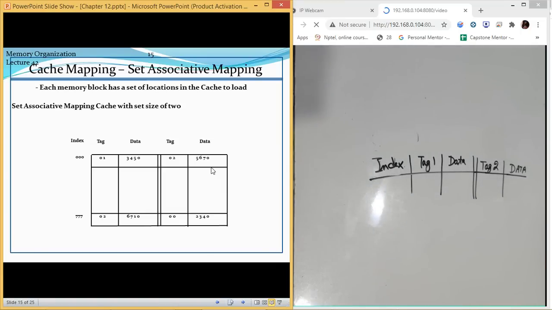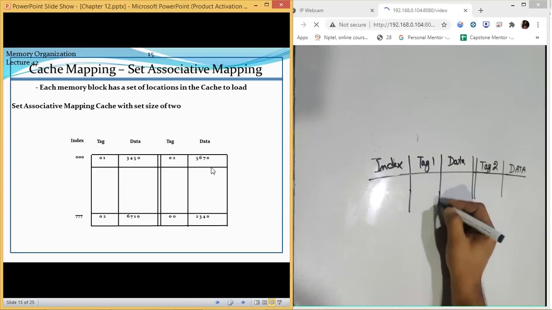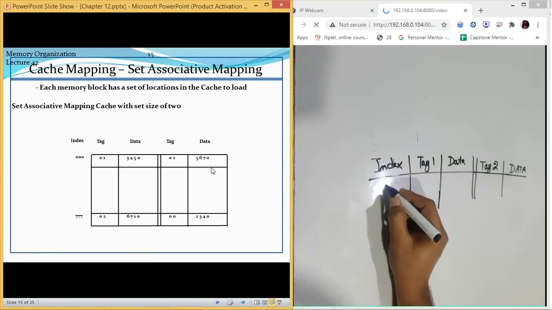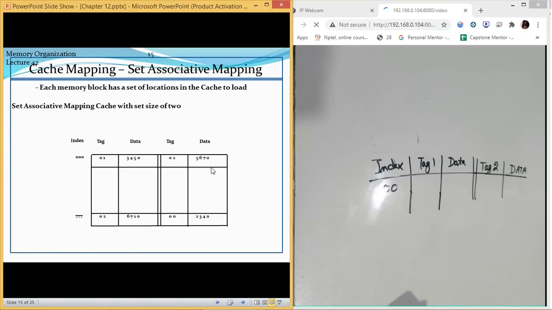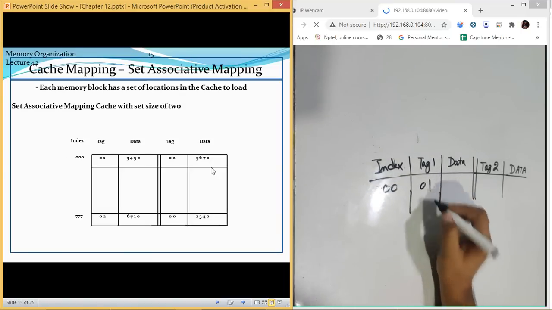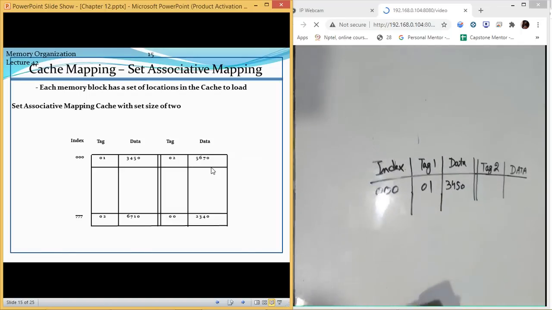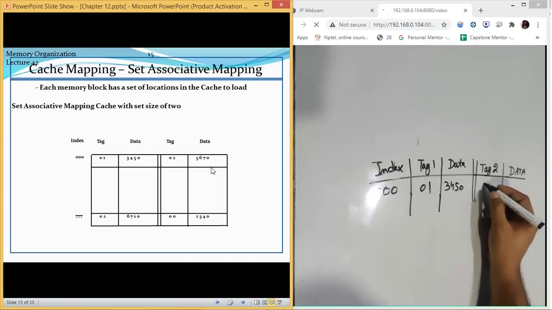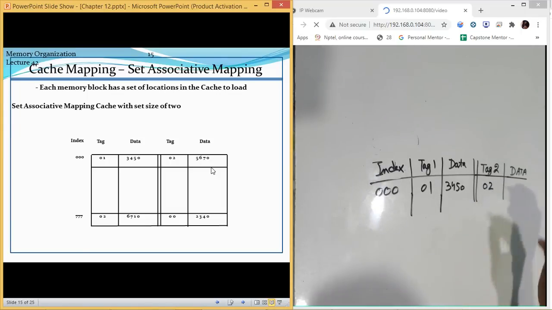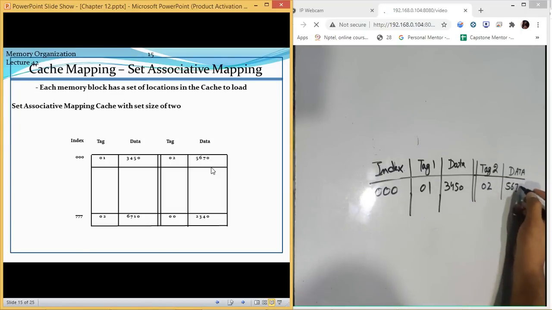Let us discuss the example which they have given. You can have a different example than this, it is up to you how you want to write it. The first value they are talking about is the index, which is 000. The first tag used is 01, and there is some data related to it. Then we have another tag 02 and certain data 5670.